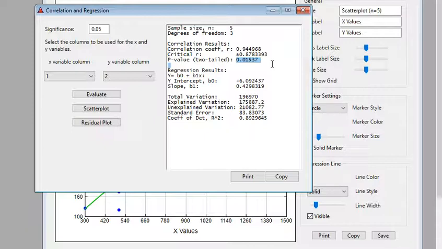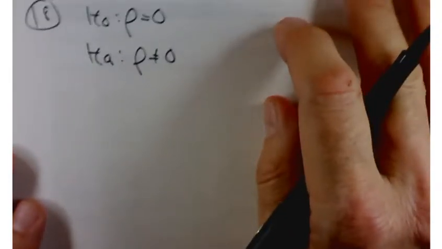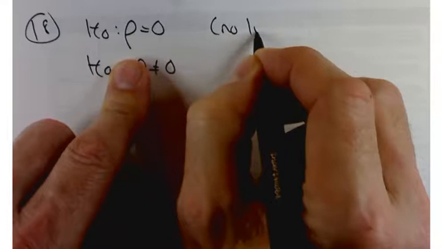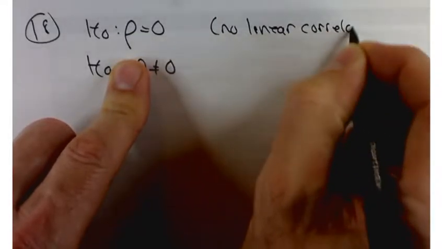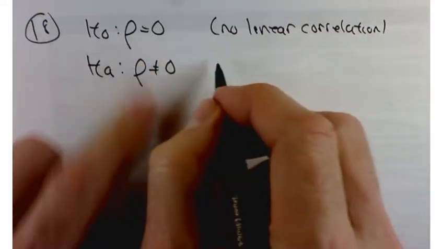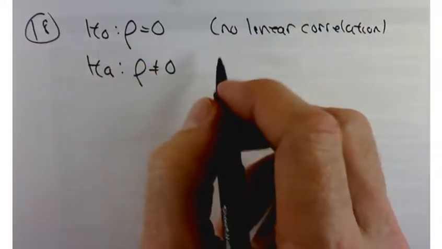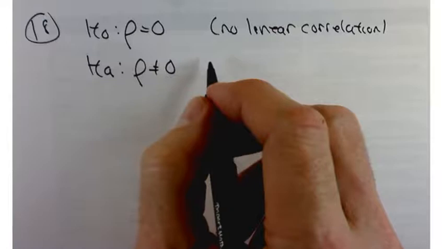This says there's no linear correlation. And this says that there is a linear correlation, although we don't know which direction it is, but there's a significant nonlinear correlation, or excuse me, significant linear correlation.